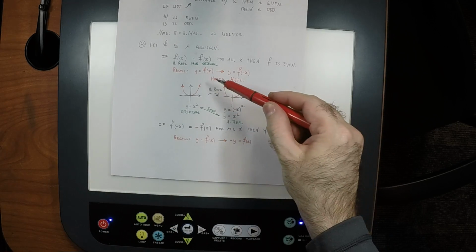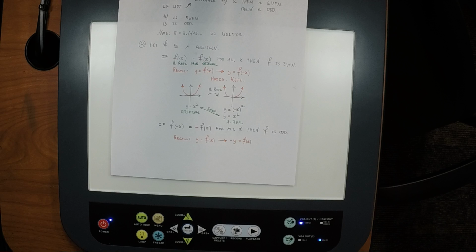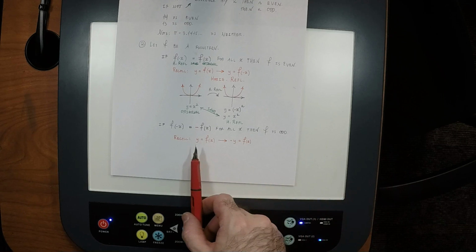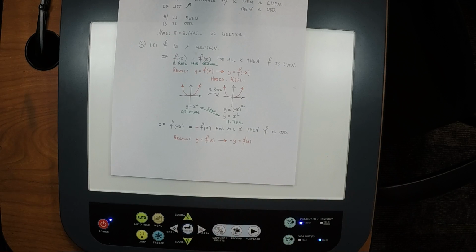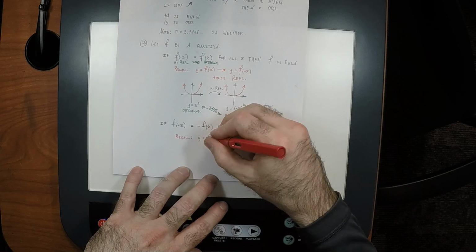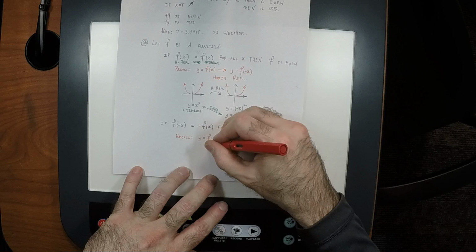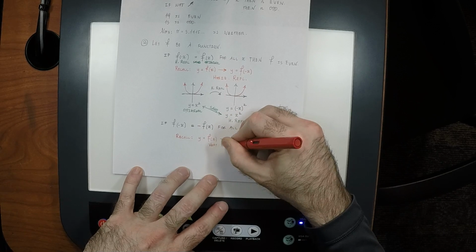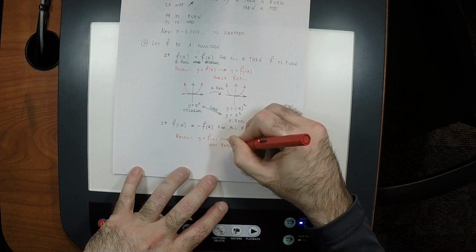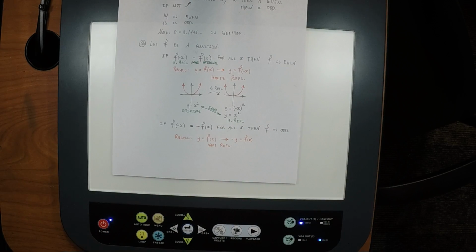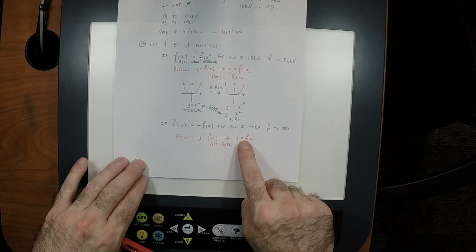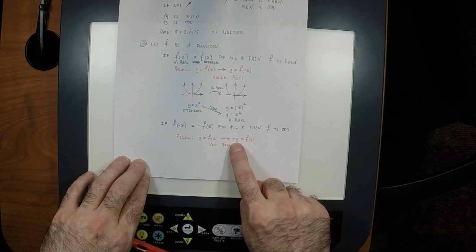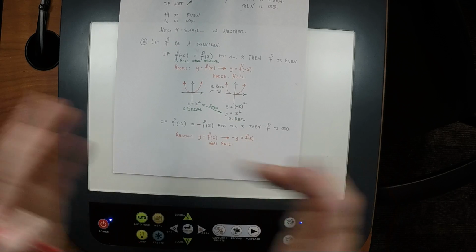So if the transformation x to negative x is a horizontal reflection, then the transformation y to negative y is a what? It's a vertical reflection in particular.